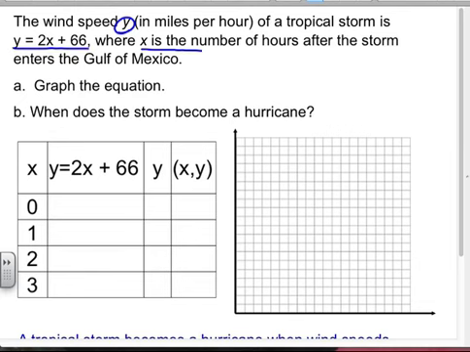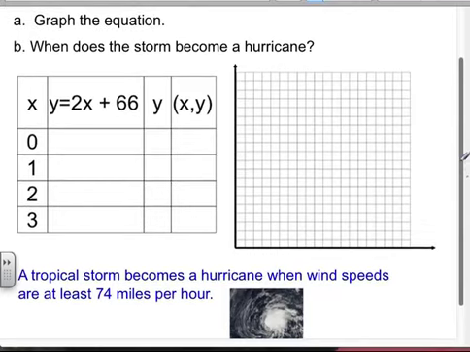X is the number of hours after the storm enters the Gulf of Mexico. So what it's saying is the wind speed is equal to 2 times the number of hours after the storm has entered the Gulf of Mexico, and then you have to add 66 onto that. So that's the linear equation that represents this real-life situation.